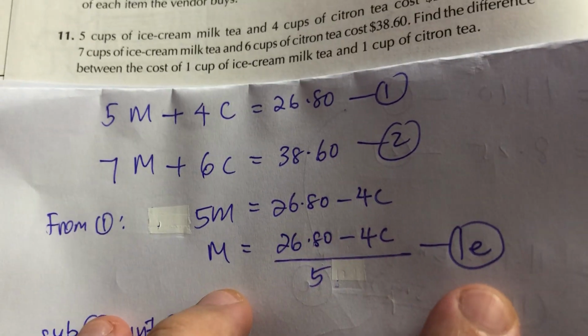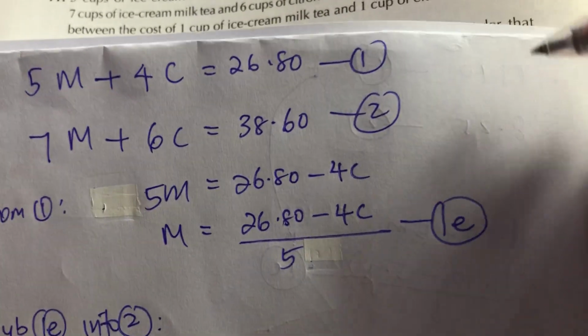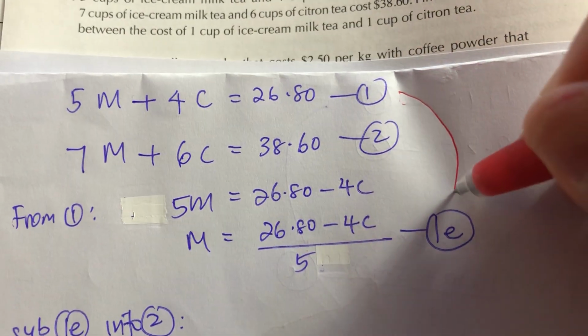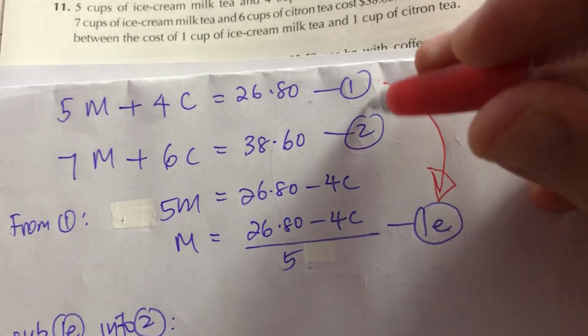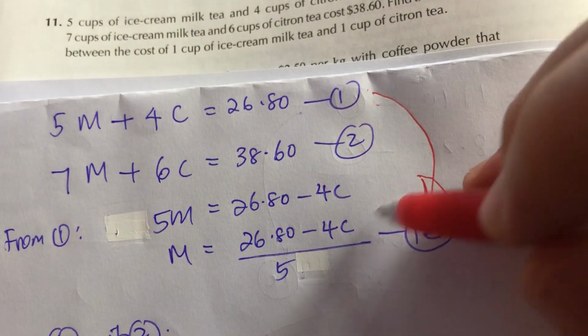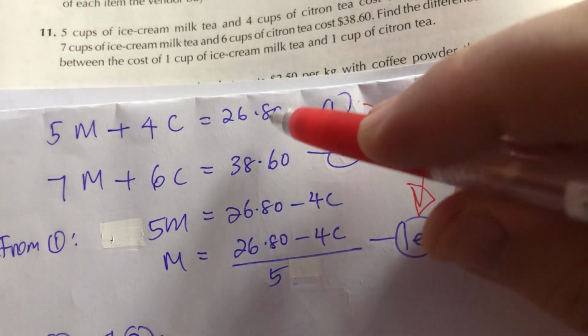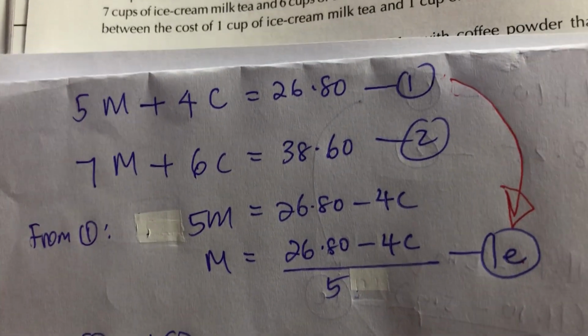So that gives me equation 1E, because this equation comes from equation 1. So I call it 1E, an equivalent form of this. These two are equivalent. That means this equation came from here. They are more or less similar. Okay, how do I continue?